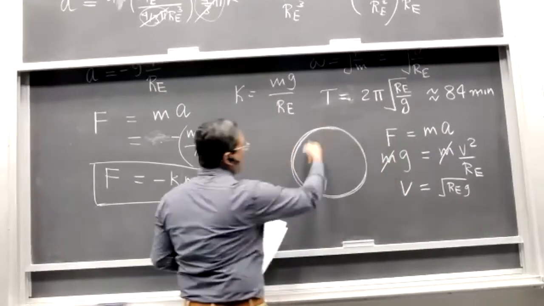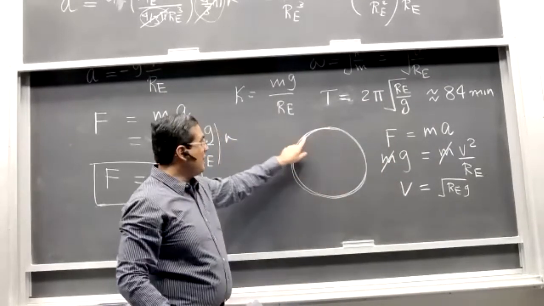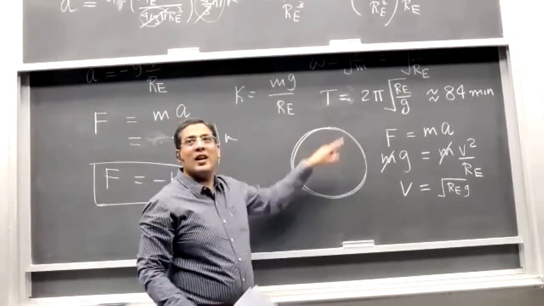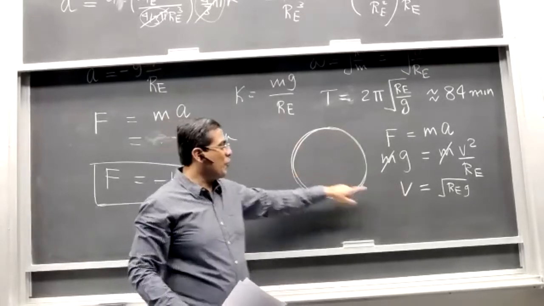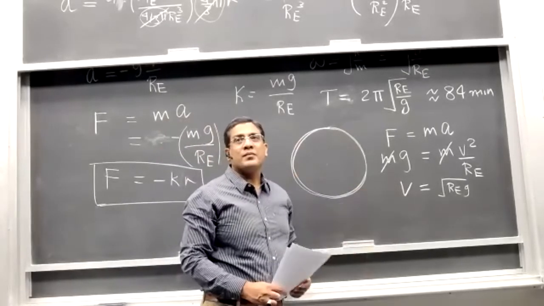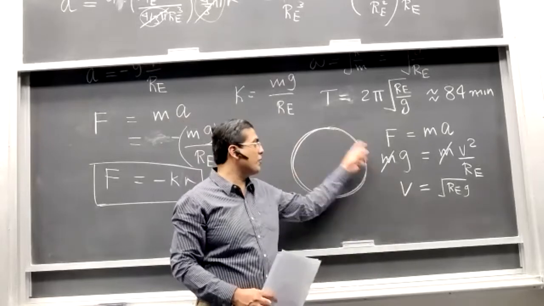So that's v. Now if you are going around a sphere of radius R_e, what would be the period if you know v? How long would you take to go around it?